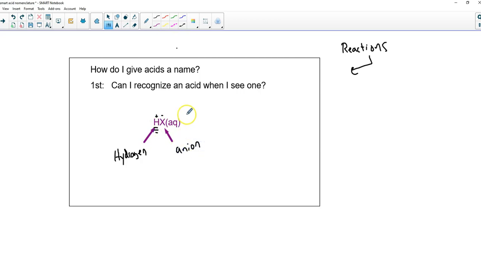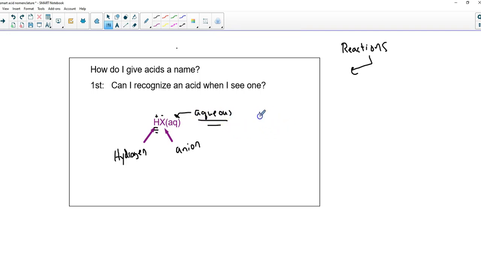Although not written in stone, and people get away from it a little bit, (aq) in water means aqueous. So technically, the acids that we use would want to be in water.